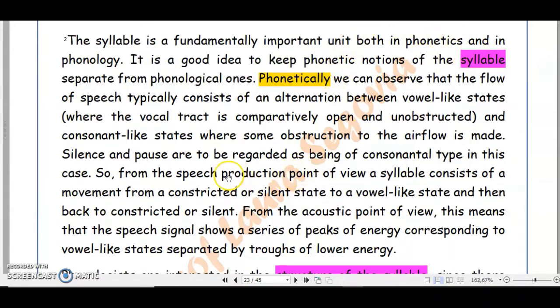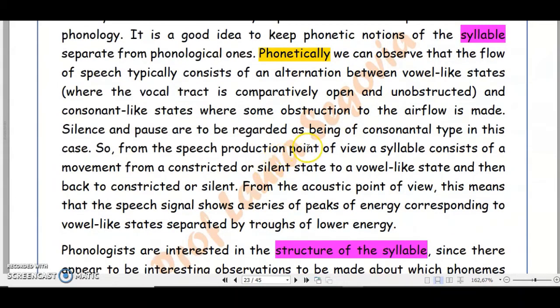Silences and pauses are to be regarded as being of consonantal types. That means that consonants have silence and pause according to their production. Okay?